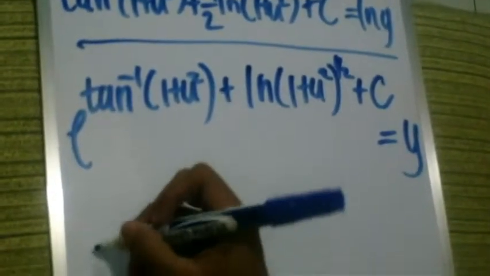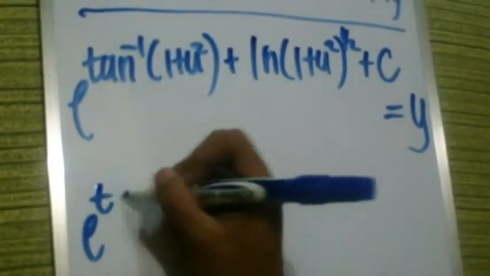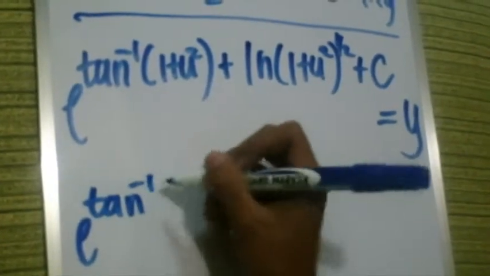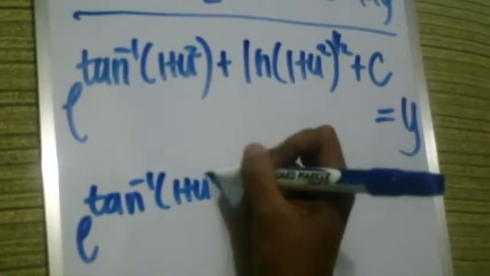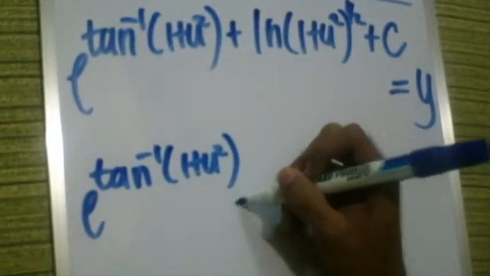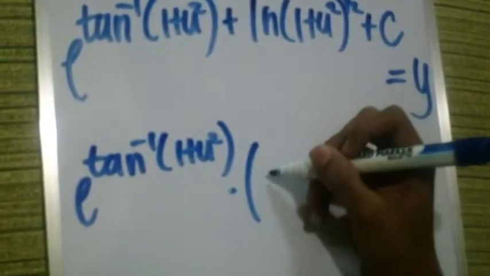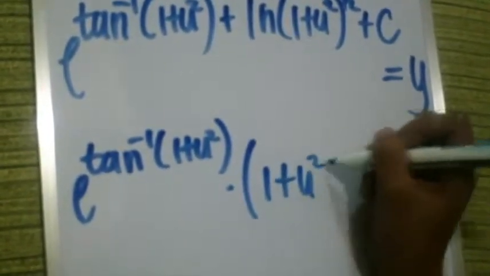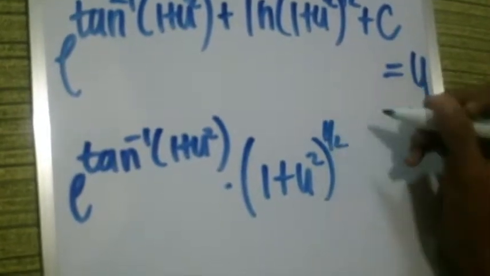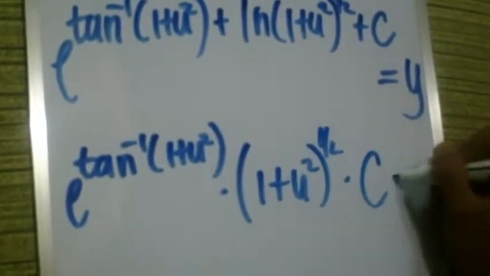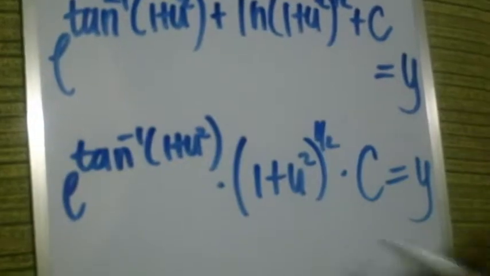So simplifying further, that would be e to the inverse tangent of u times 1 plus u squared to the 1 half times c equals y. This would be our final answer.